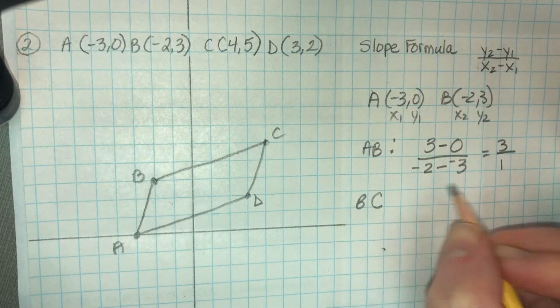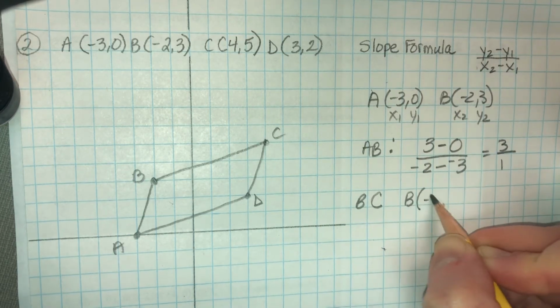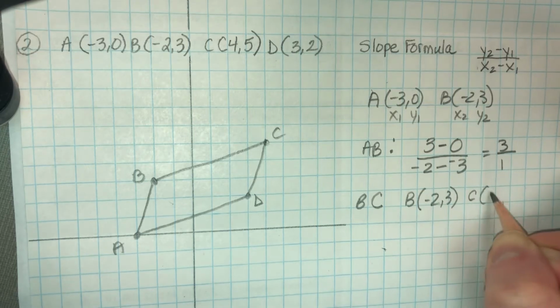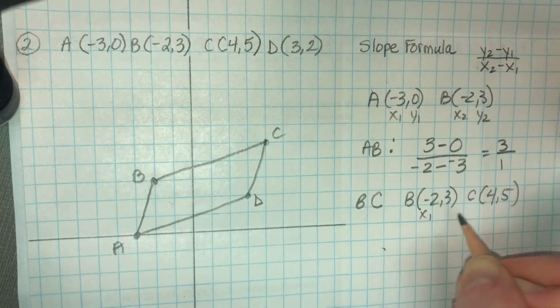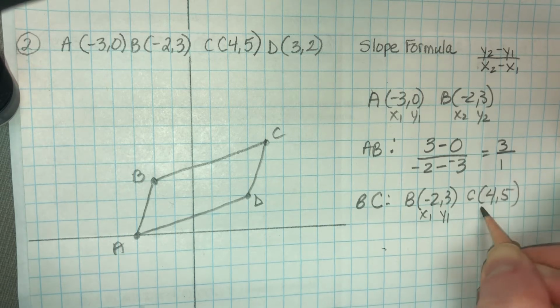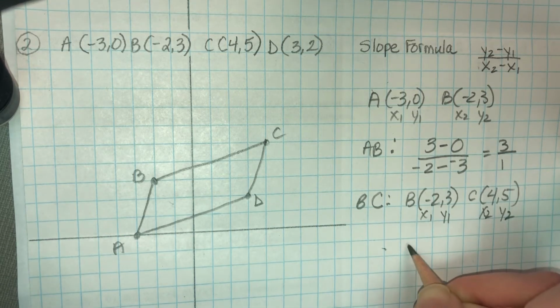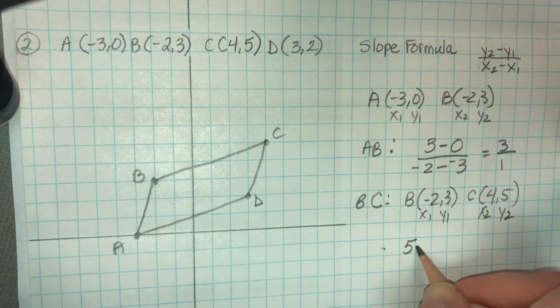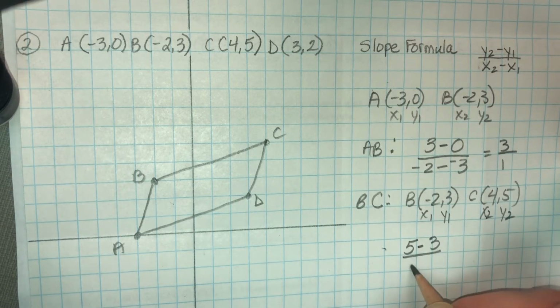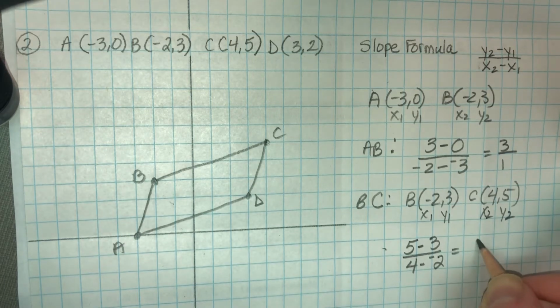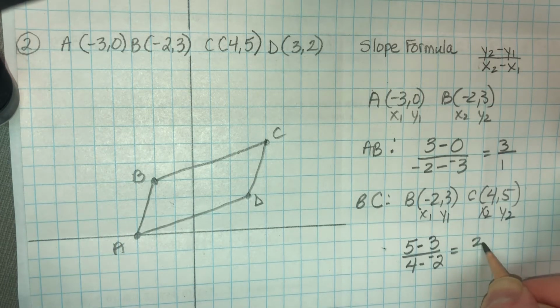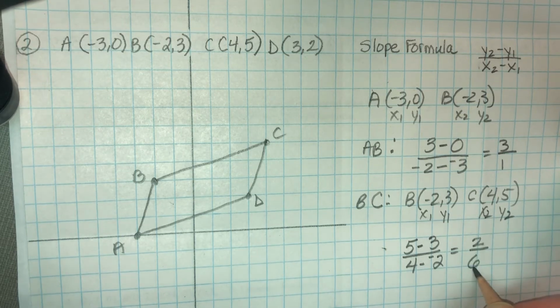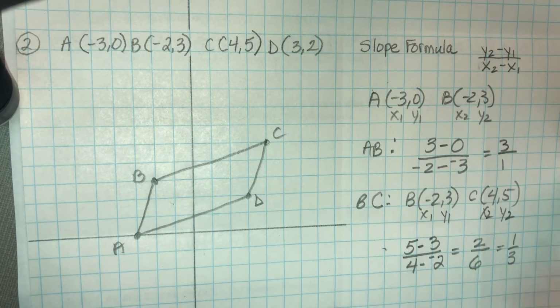For BC, point B is at negative 2, 3. C is at 4, 5. So this is x1, y1, x2, y2. So we'll start with y2, which is 5, minus y1, which is 3. x2 is 4, minus x1 is negative 2. 5 minus 3 is 2, and 4 minus negative 2 is 6. That simplifies to 1/3. Notice these slopes are reciprocals, but they are not opposite signs.